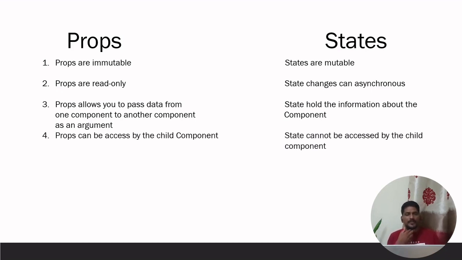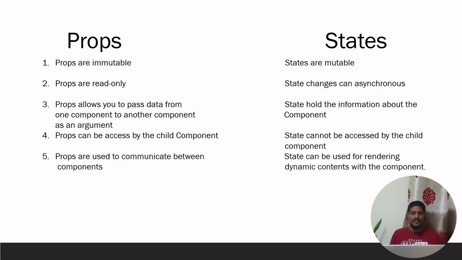Then comes that props can be accessed by the child component. Whenever we pass the data from parent to child, we can also nest it into the grandchild, and likewise. Basically we are passing data from parent to child, and states cannot be accessed by the child component. Then, props are used to communicate between the components.